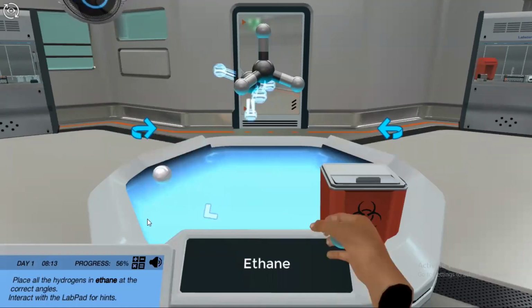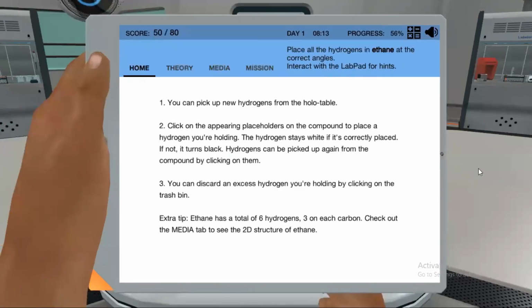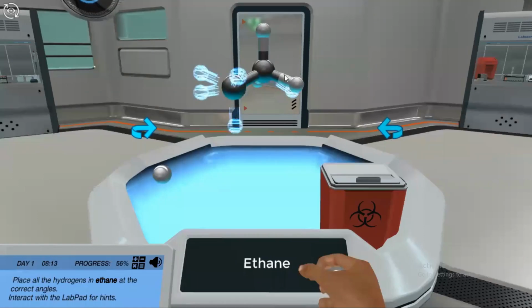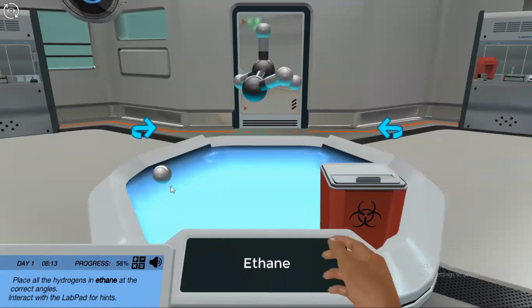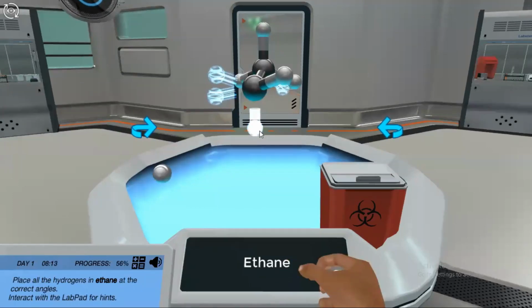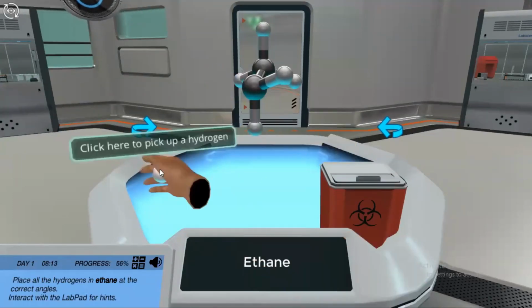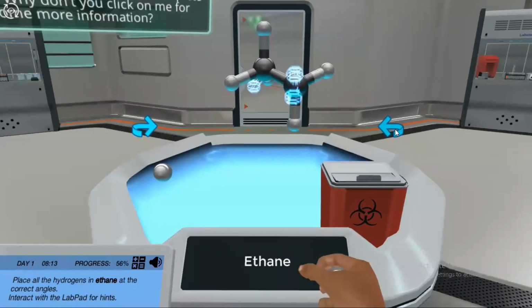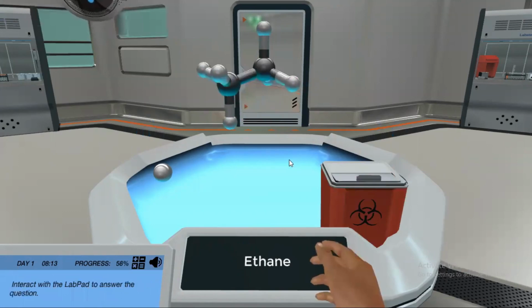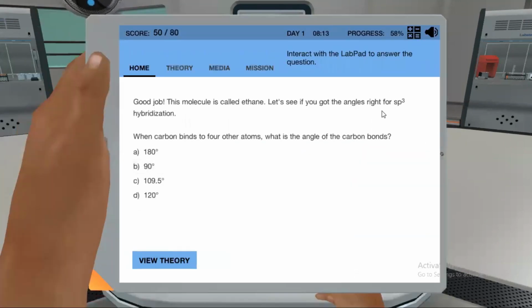Click on the lab pad for more information. Good job. This molecule is called ethane.